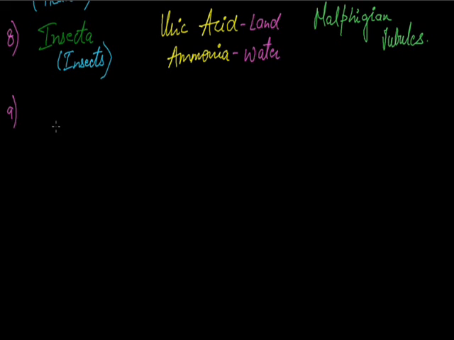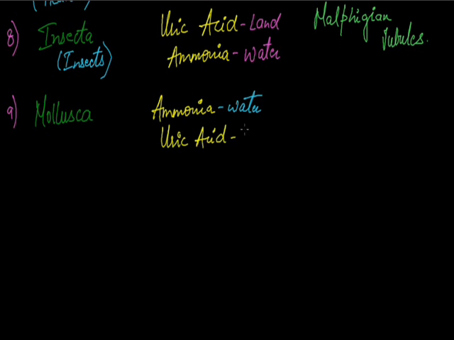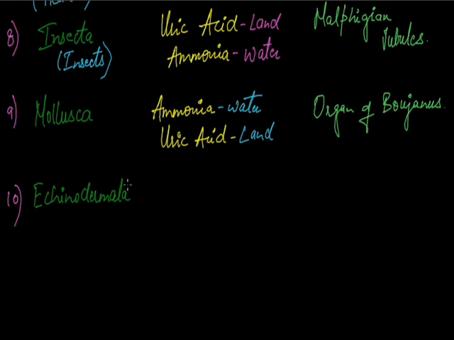Next is mollusca. They release ammonia in water and uric acid on land, and the main organ is organ of Bojanus. Next is echinodermata. Echinodermata, the best example is starfish.